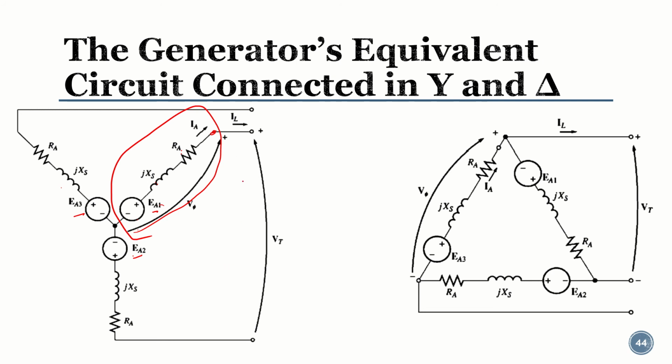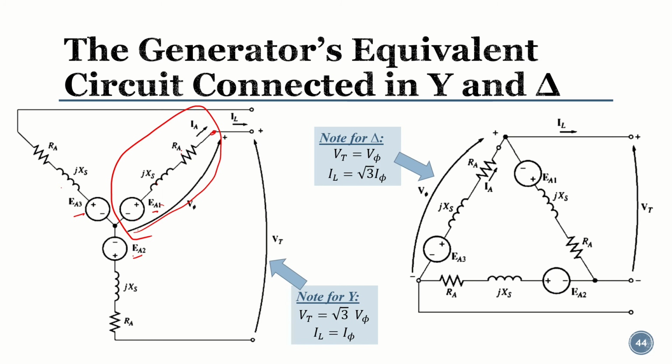The output connection could be in Y configuration or in delta. For example, in the Y configuration, the terminal voltage or load voltage is radical 3 times the phase voltage. So whatever phase voltage you are getting here, multiply with radical 3, and that will be your terminal voltage.